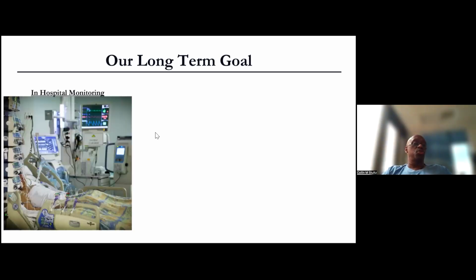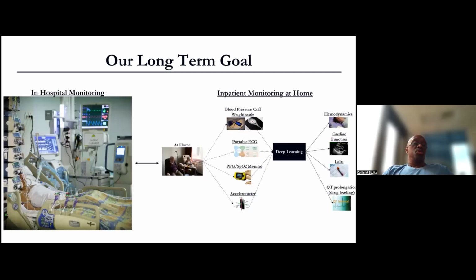Ideally, we want to take the in-hospital monitoring environment to the home. The monitoring that patients get at a place like the Mass General or the Brigham or the BI or any other quaternary care center is very sophisticated. At home, one does not have such information, but there's a subset of patients that would benefit from this. Can we use signals that are easily acquired at home, with deep learning, to get the type of information that one would get in a more sophisticated setting?